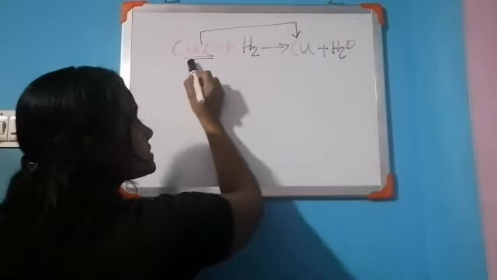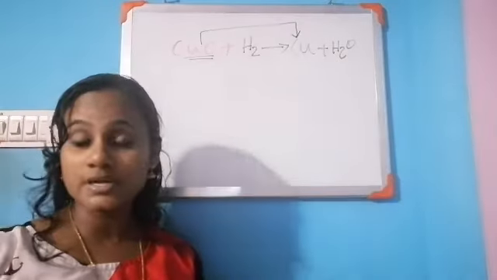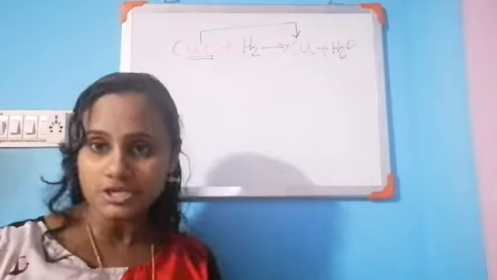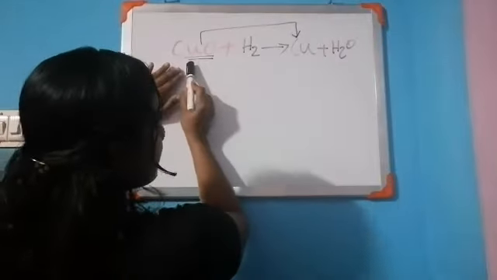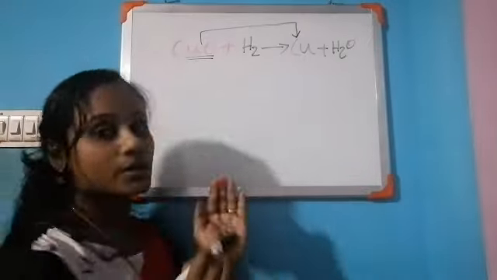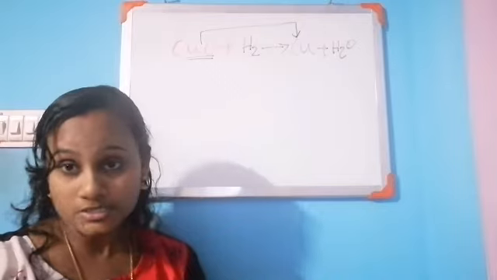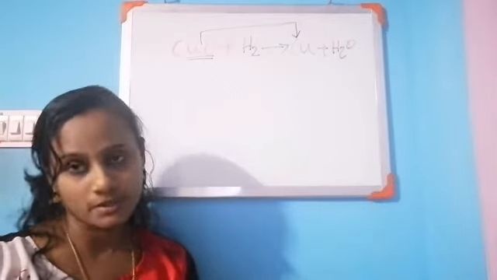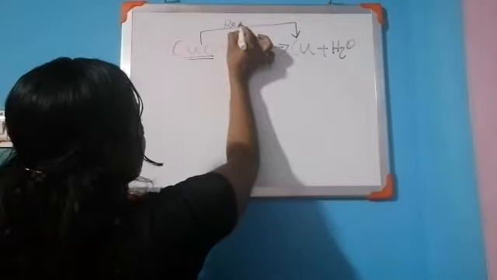That is, copper oxide is reduced. Removal of oxygen is reduction. So copper oxide is reduced to copper, and we can say this is reduction.